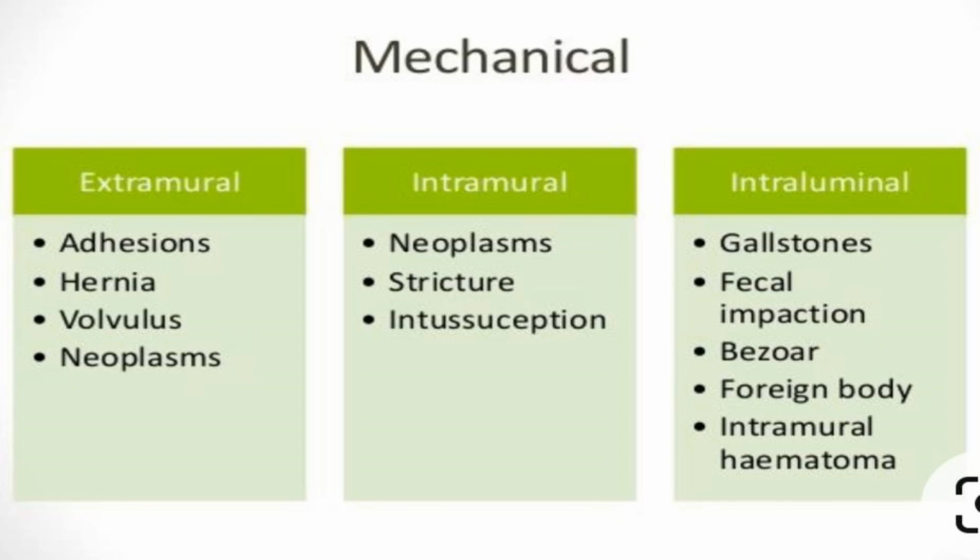Then we have the fecal impaction. It could be in the lower rectum. And bezoars. Bezoars are actually a compact ball, which is usually formed by undigested or digested material, usually fibers or hairs. Then we have foreign bodies. Other is the intramural hematoma, which is within the wall and projects into the lumen.